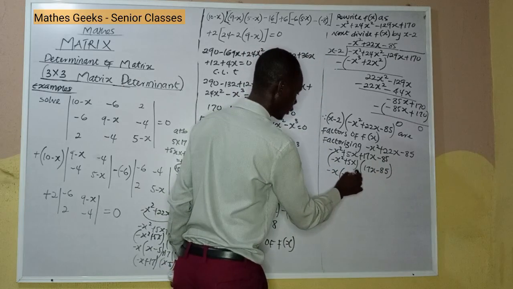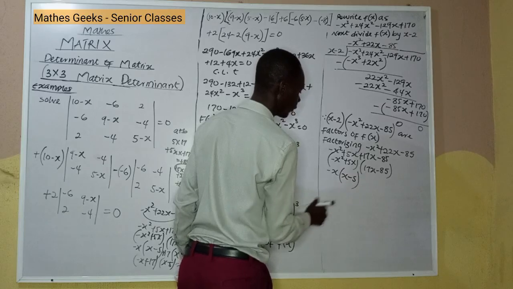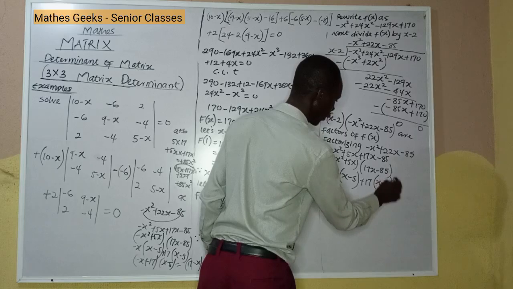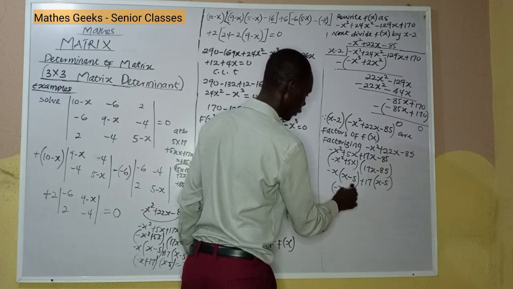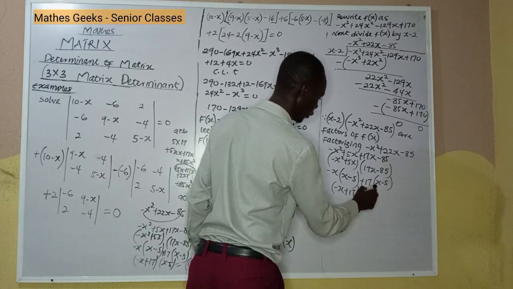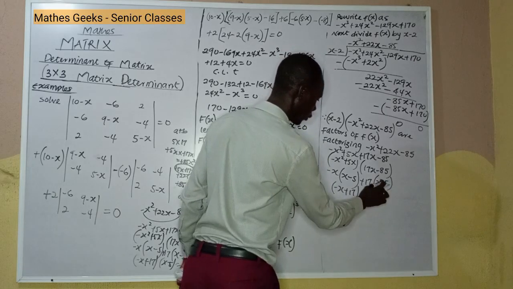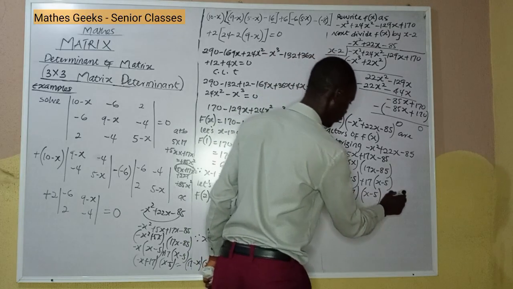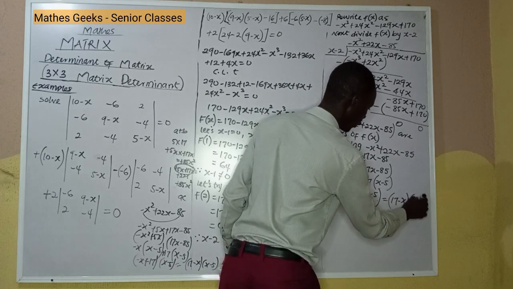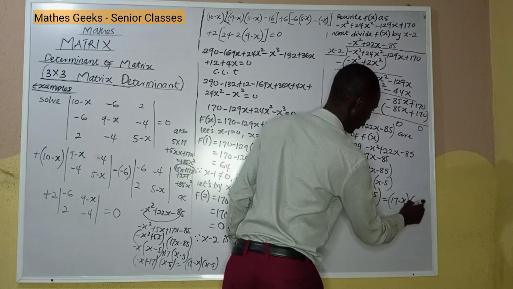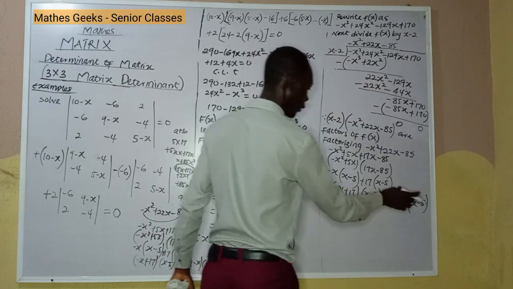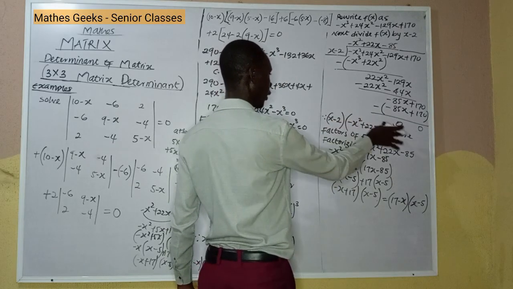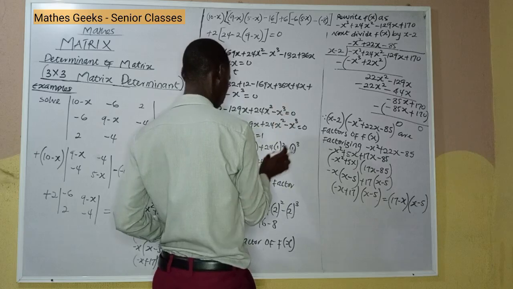Minus x is common, x minus 5 and plus 17, we have x minus 5 also. So this is minus x plus 17 and x minus 5, which can also be written as 17 minus x and x minus 5. So these are the factors of the quadratic expression, and alongside this factor are the three factors of this polynomial.